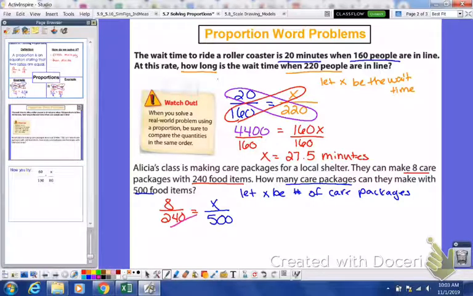So 240 times x gives us 240x equals 8 times 500 is 4,000. Divide by the number with the x.